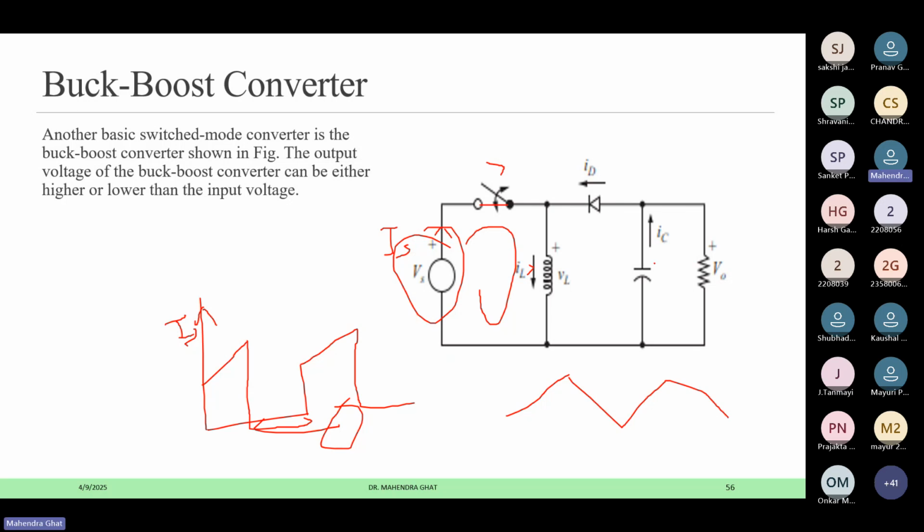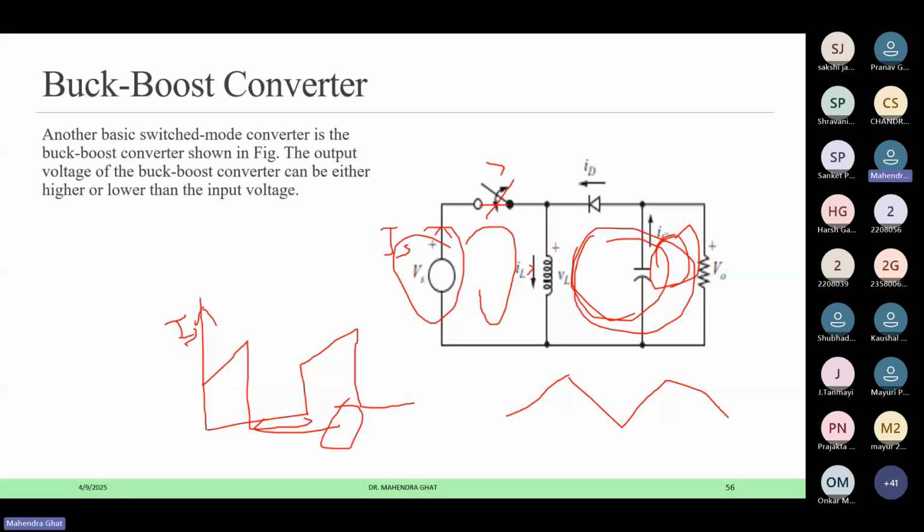Similarly for the load, of course here the capacitor is supplying the continuous current, but for the inductor, when this switch is closed, the inductor current is not flowing through this one, only the capacitor current is flowing. When the switch is open, only the inductor current is flowing in this direction.